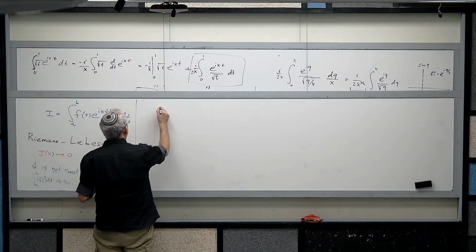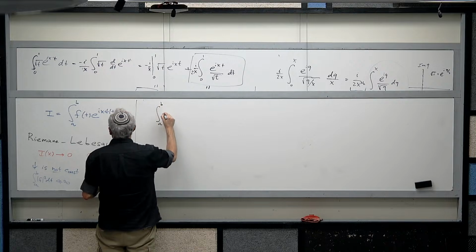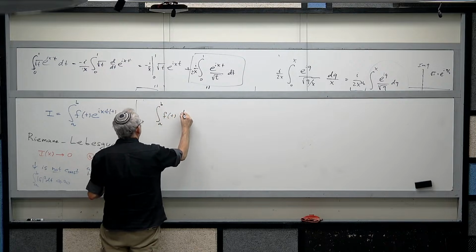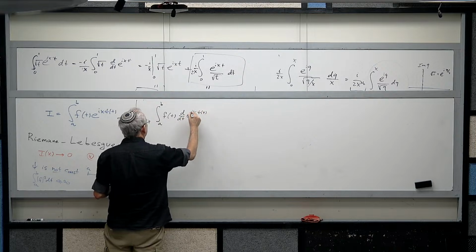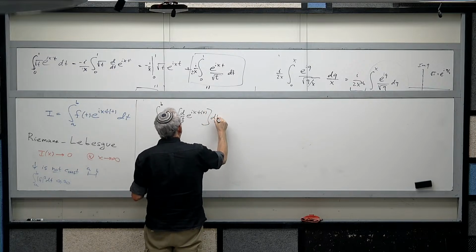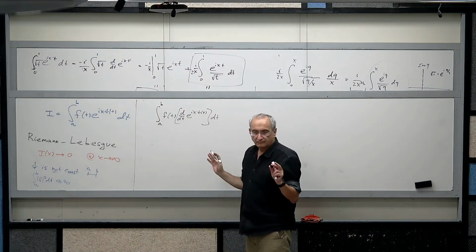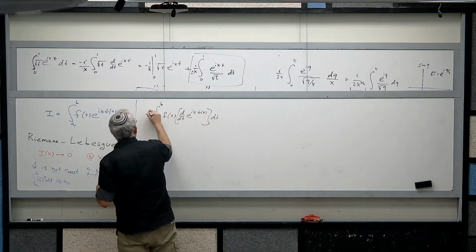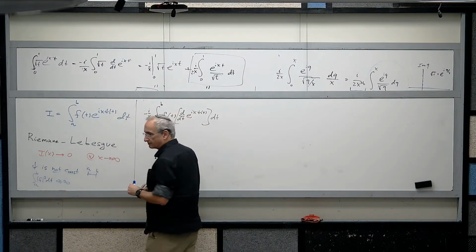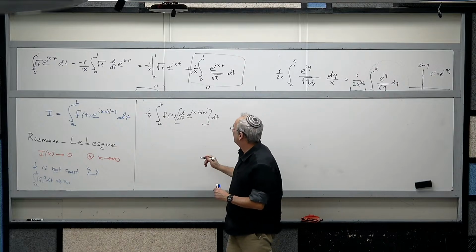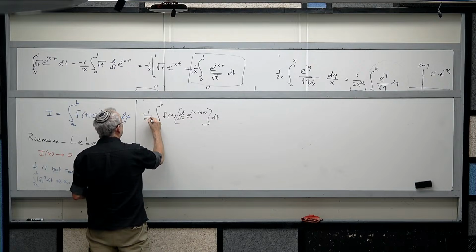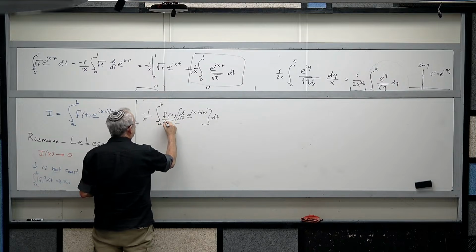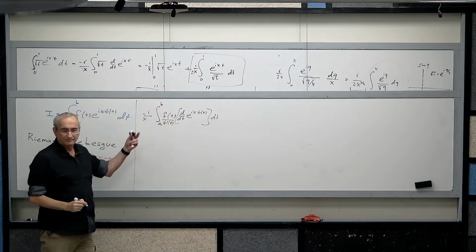We are going to get the integral from A to B of f of t times d/dt of e to the i x psi of t, dt. You should divide by minus i over x times psi prime. The psi prime should be here. Yes, sure.